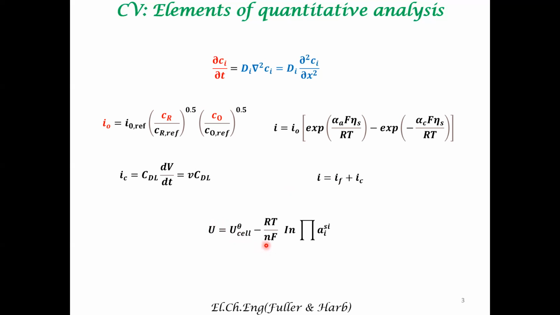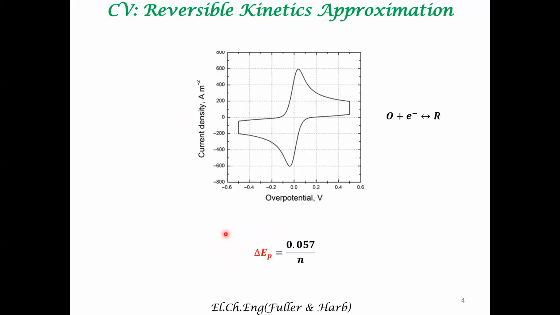This is the case of reversible kinetics. If the activation barriers for the electron transfer involved in oxidation and reduction are very small, we can assume reversible kinetics. This significantly simplifies the problem, and we sketched this kind of curve in the previous lecture.